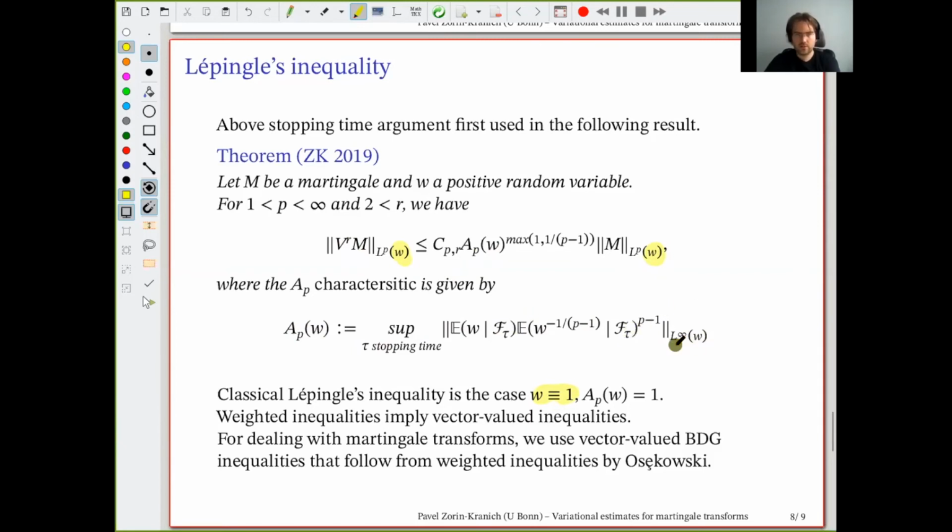You're taking the infinity norm, you get constant 1. So basically this thing here is 1 if W is 1. But there is a big advantage to these kinds of weighted inequalities. And the advantage is that they allow you to deduce vector valued inequalities.